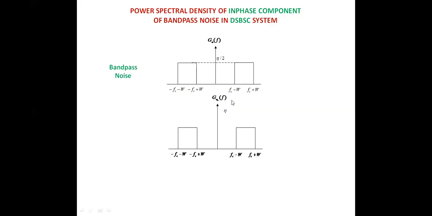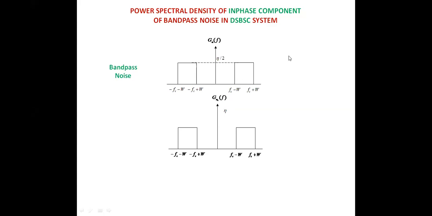Now, how to get this can be understood by understanding how you get the in-phase and quadrature components of the noise, that is Nc(t) and Ns(t), from Ni(t). So how do we get it?